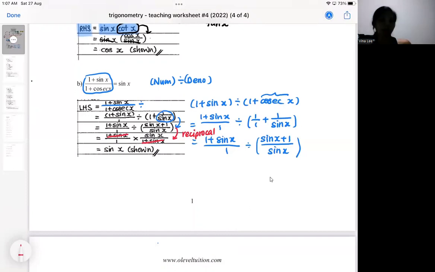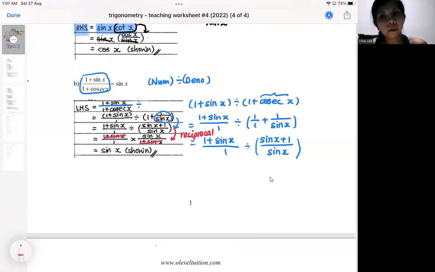So when I see a huge fraction, you can look at it as a numerator divided by a denominator. Out of the whole fraction in this question, cosecant is the only one that has a formula. So you put in the cosecant formula, and then since I have a fraction, I try to make the same denominator.